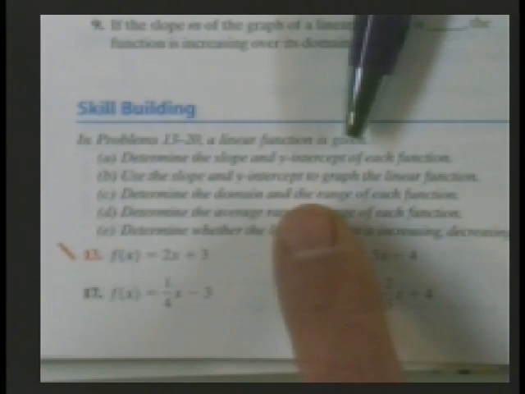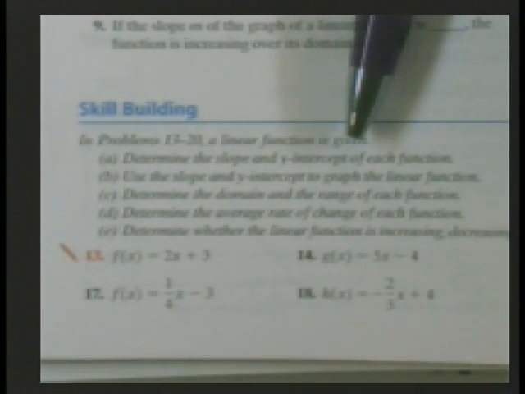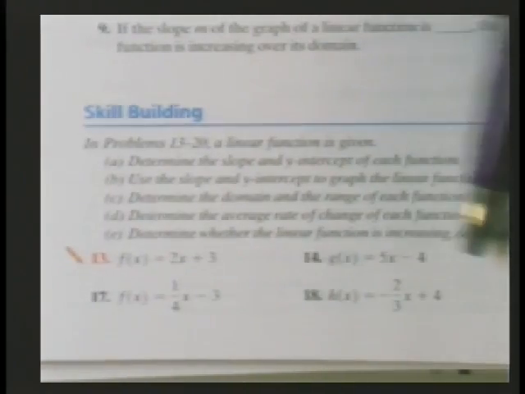It says determine the slope and the y-intercept of the function, use the slope and intercept to graph the equation, determine the domain and range, and then determine the average rate of change, and is the linear function increasing, decreasing, or constant. So this takes you clear back to beginning algebra level with a little bit of college algebra vocabulary thrown in. So let's grab one like number 18, maybe something like number 18 down here.